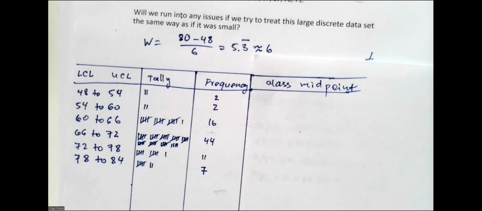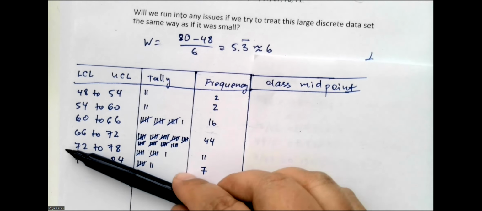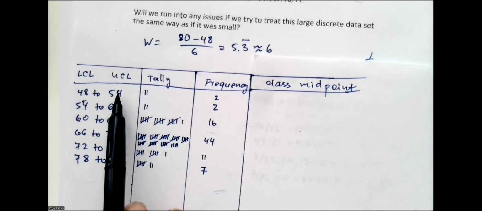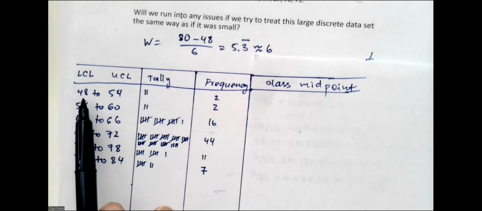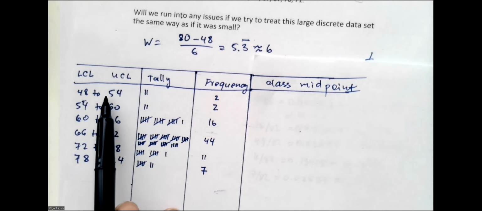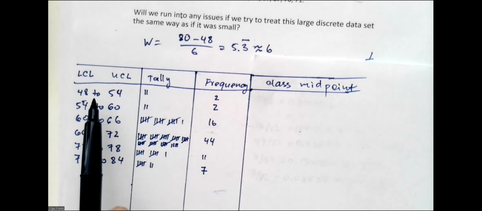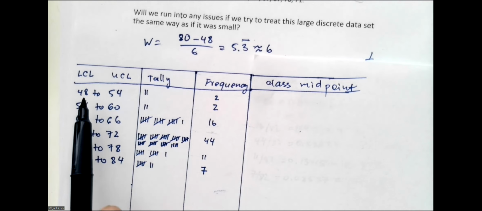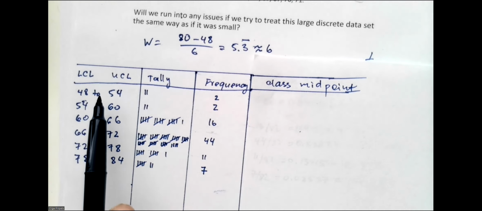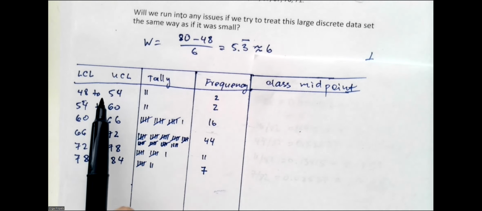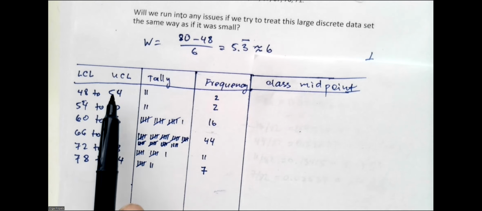So notice that when we have only the table, but we don't have the original data values, we don't know which values we had exactly between 48 and 54. We know we had 2, but we don't know exactly which ones. Did we have 2 of 48s? Did we have 2 of 54s, or anything in between? Could be anything, right? Well, not 54s.